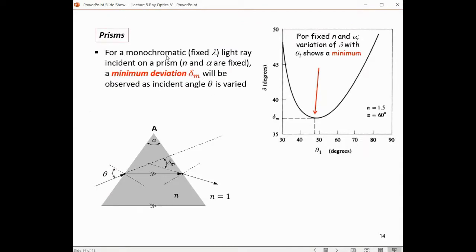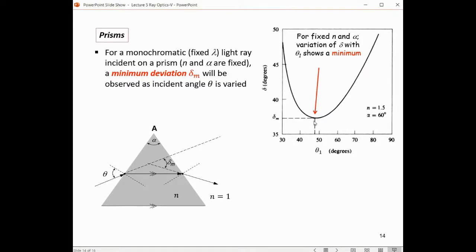If we use a monochromatic light ray at a fixed lambda, and this ray is incident on a prism with refractive index N and apex angle constant at alpha, initially starting at a small incident angle, as we increase the incident angle, the deviated angle would decrease up to a minimum.